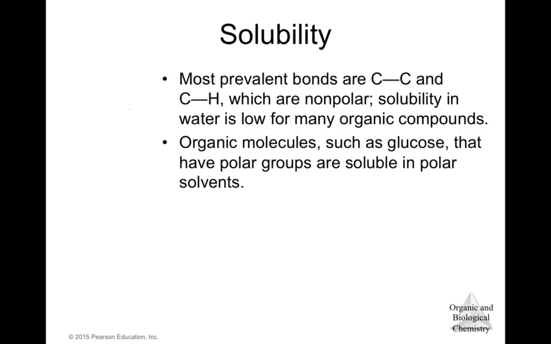Organic molecules, such as glucose, that have polar groups are soluble in polar solvents, even though they have many carbon-hydrogen bonds, because they also have oxygen-hydrogen bonds. We can see here the molecule of glucose; the black sphere is carbon, the white sphere is hydrogen.